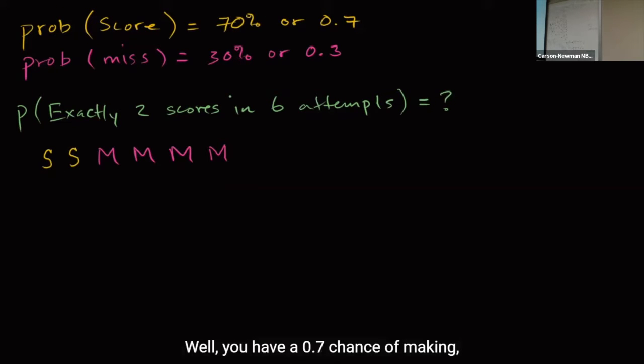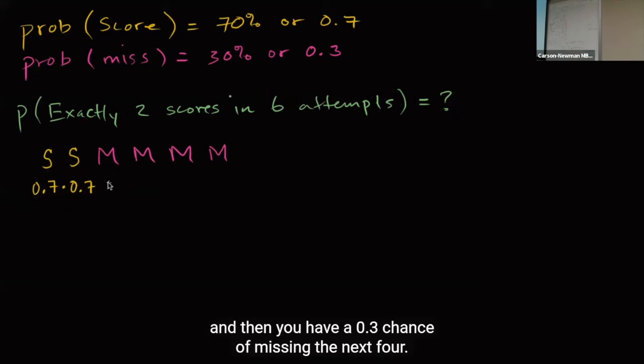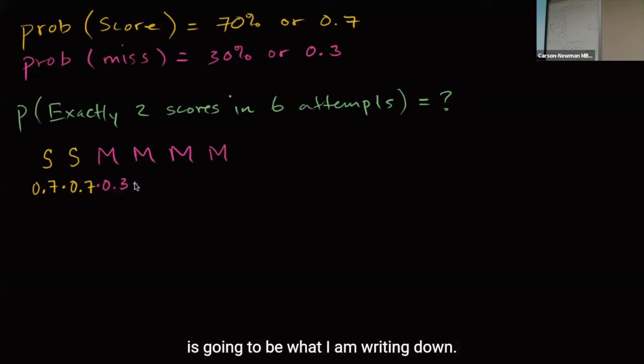Well, you have a 0.7 chance of scoring on the first one. Then you have a 0.7 chance of scoring on the second one. And then you have a 0.3 chance of missing the next 4. So the probability of this exact circumstance is going to be what I'm writing down.